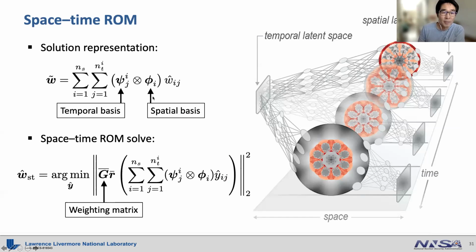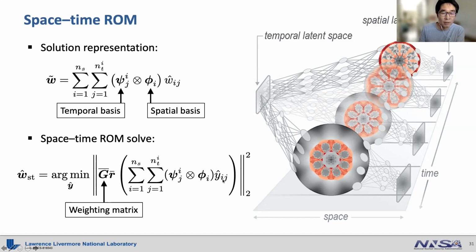So once you form a space-time ROM, the spatial degrees of freedom and temporal degrees of freedom are all integrated. In space-time ROM, you solve a least squares problem where the spatial and temporal degrees of freedom are embedded in the space-time basis, and the only thing you solve for is the coefficient in front of it. Solving this least squares problem gives you the coefficient y hat, of which presumably there is a very small number.